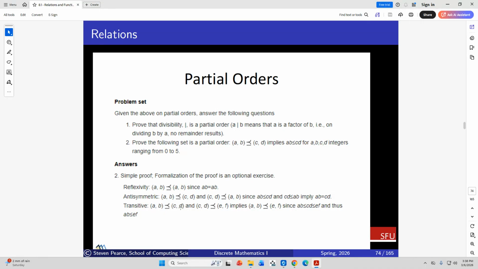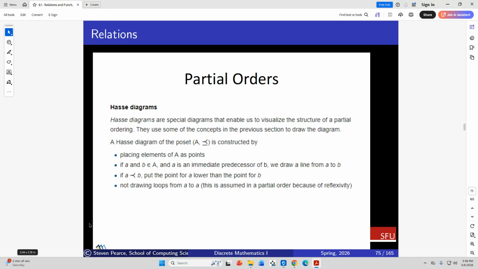Transitive: AB to CD, CD to EF implies AB to EF, okay, because it satisfies this set of inequalities. Okay, that's pretty simple. Now let's talk about Hasse diagrams.